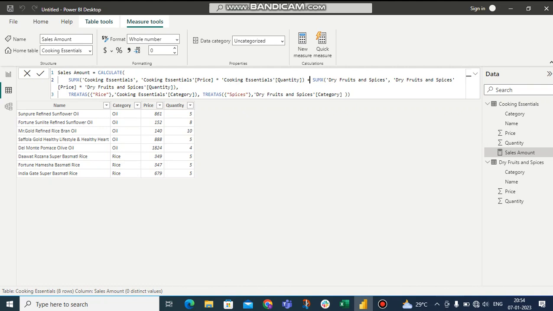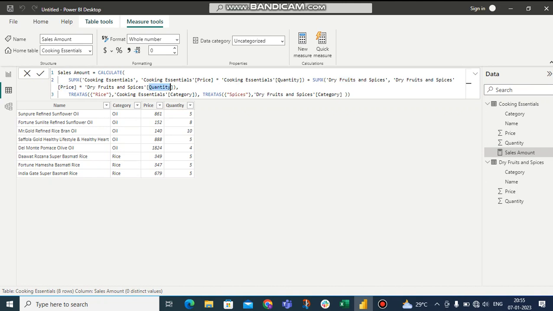Then I am adding this value. Again I have used the SUMX function. From the dry fruits table, it is multiplying price and quantity.